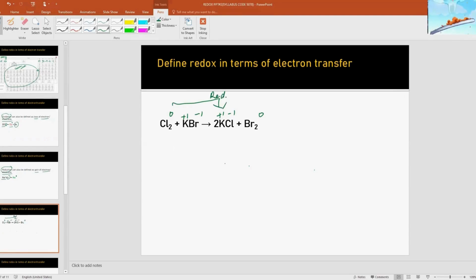Reduction. Cl2 has gained electrons. This is oxidation.